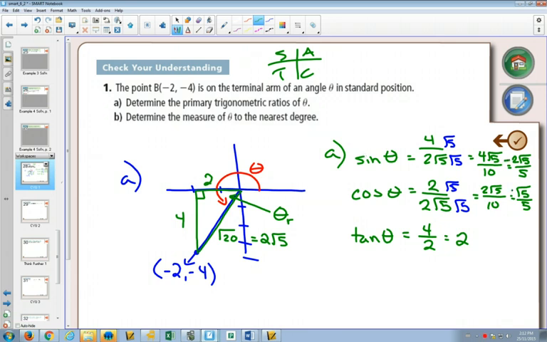For cos, we're going to have to add a negative sign. Tan is going to be fine to stay at positive 2. So the ratios are negative 2 root 5 over 5, negative root 5 over 5, and 2. You'll notice at the bottom of the page, they didn't rationalize the denominators. You'll be expected to rationalize the denominators all the time from our radicals unit.